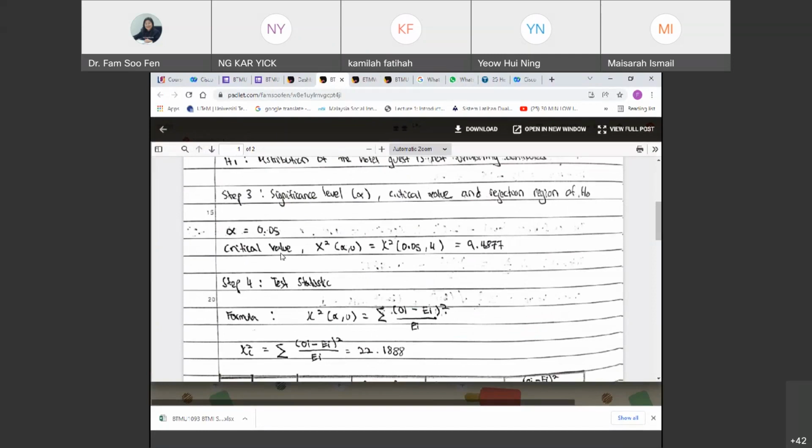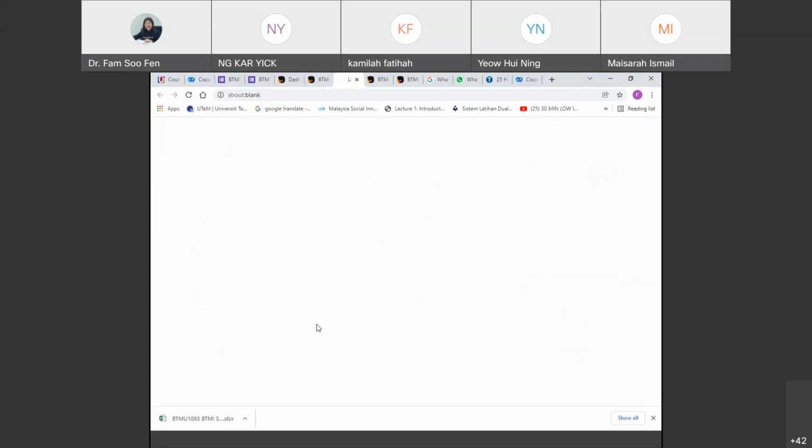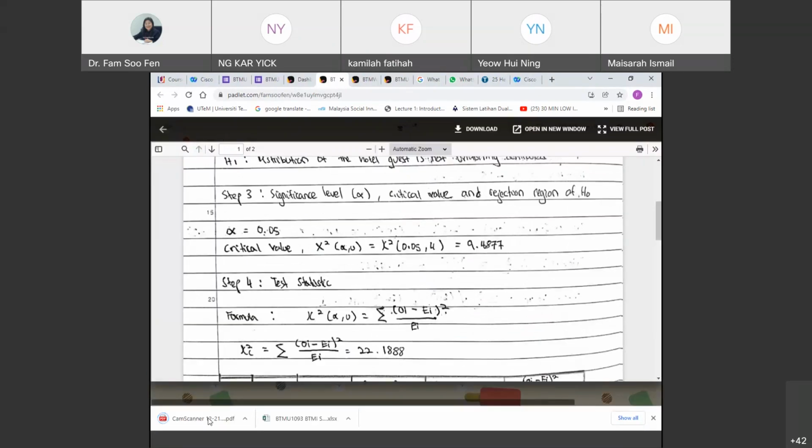Chi-square. This one. Write down the C. The C here. I cannot unless I download. Okay, I download. Okay, I download. Download, show in the folder. Hold on. Open in the Microsoft Edge. Open with the Microsoft Edge. Okay.